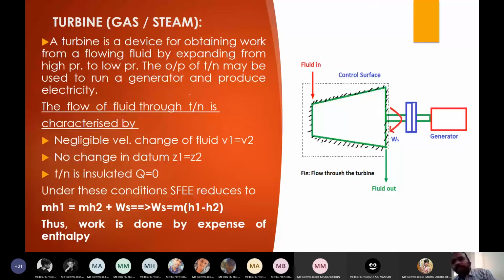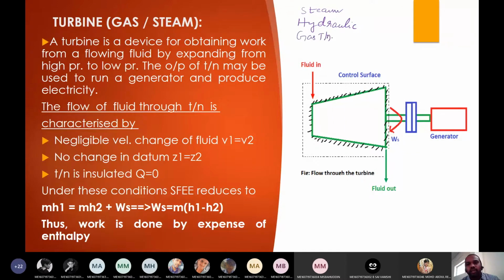If the input to the turbine is water, then we call it a hydraulic turbine. Hydraulic turbine means the input water energy is converted into electrical energy or mechanical energy. If I am using steam, then we call those turbines steam turbines. The steam is the input to the turbine. If the combustible gases are the input to the turbine, then we call it a gas turbine.